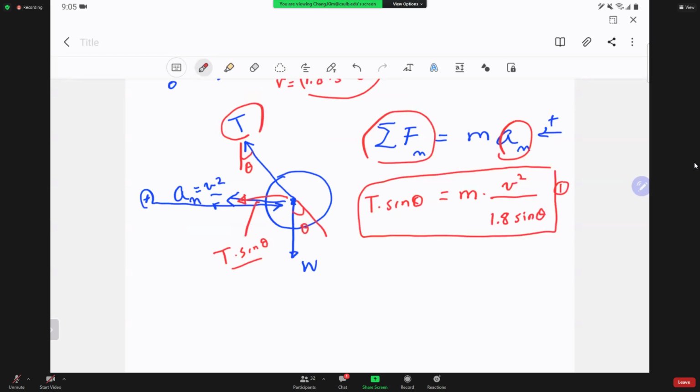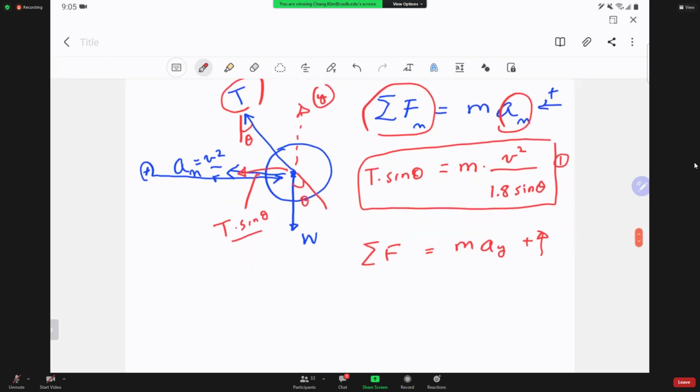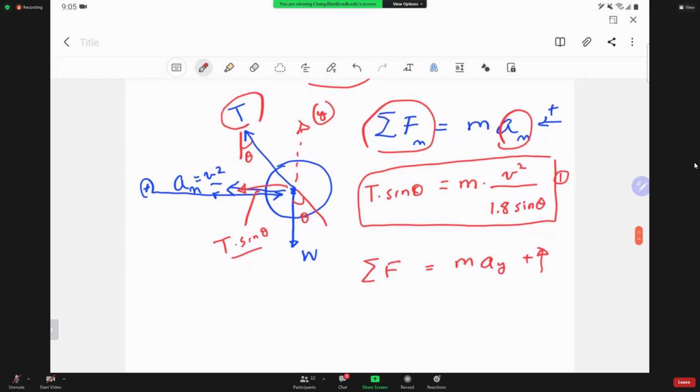Now, taking F equal to ma in this direction, I want that to be my y direction. So anything toward upward is going to be positive.